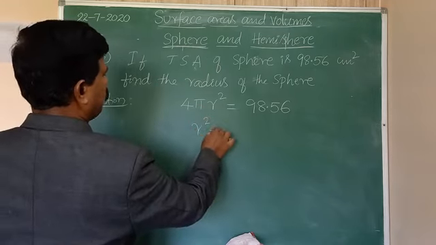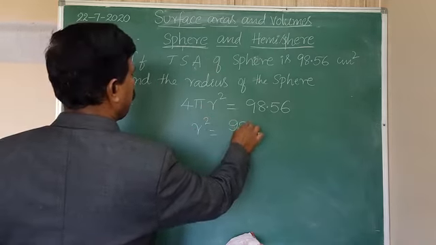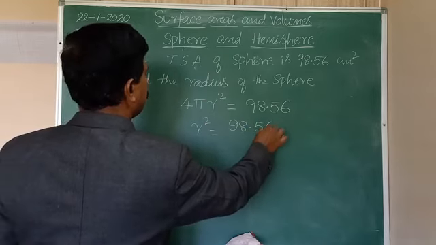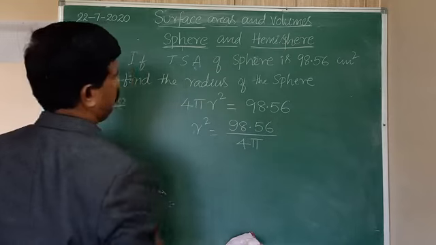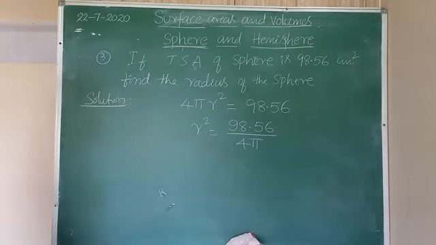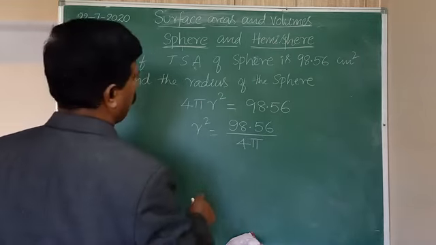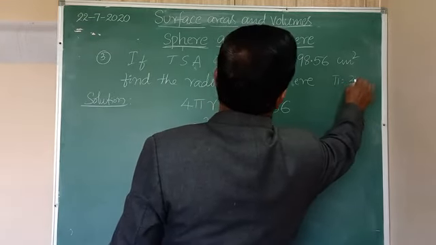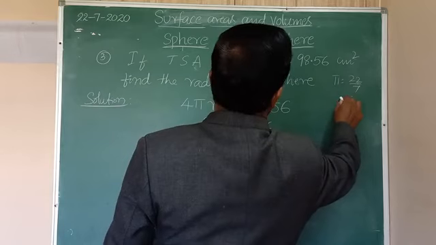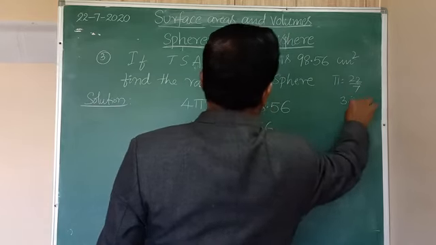So, r square is equal to 98.56 by 4 pi. Here, remember always pi is equal to 22 by 7 or 3.14.